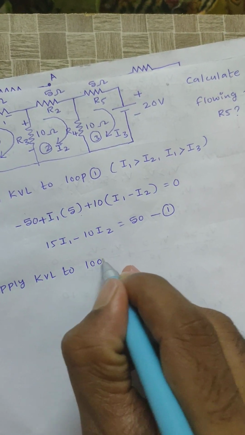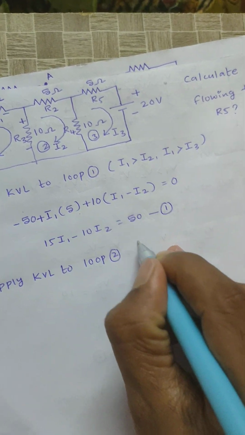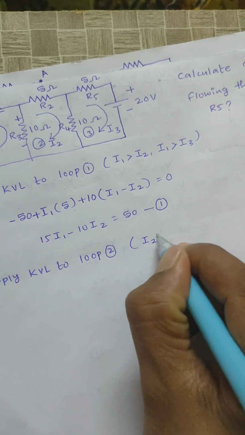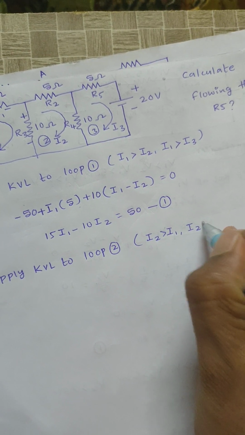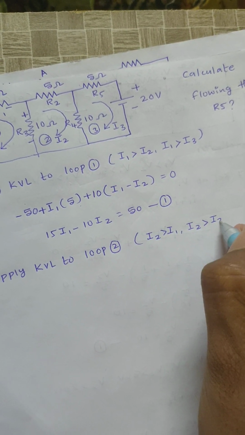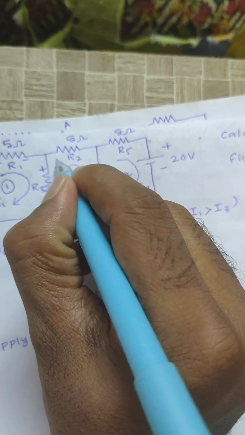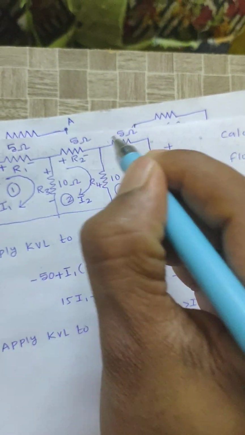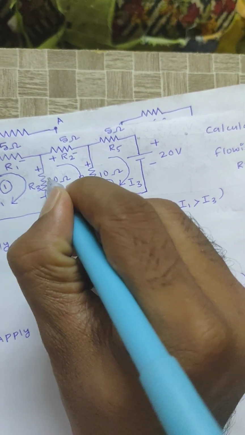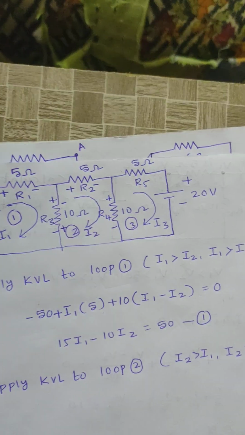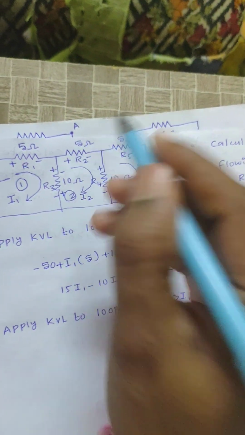Next, similarly apply KVL to loop 2. When we consider loop 2, the current magnitude is greater than the remaining loop currents. That is I2 is greater than I1 and I2 is greater than I3. For loop 2, I need to give polarities in clockwise, plus minus, plus minus, plus minus. Then the current flowing through this 5 ohm will be I2.